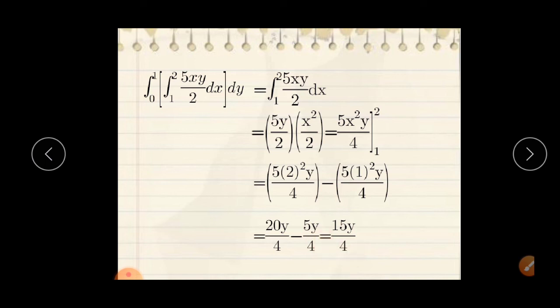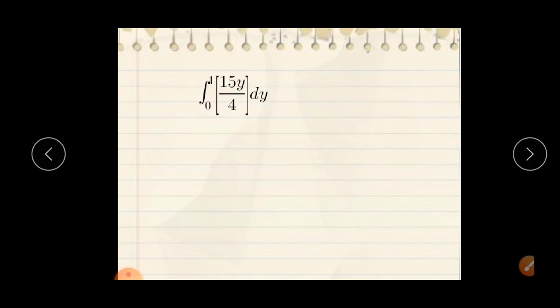The next thing to do is to replace the expression in the bracket with 15y over 4. So right now we have the integral from 0 to 1 of 15y over 4 dy. The dy here tells us that we're integrating with respect to y, which means we treat the other variable as a constant.